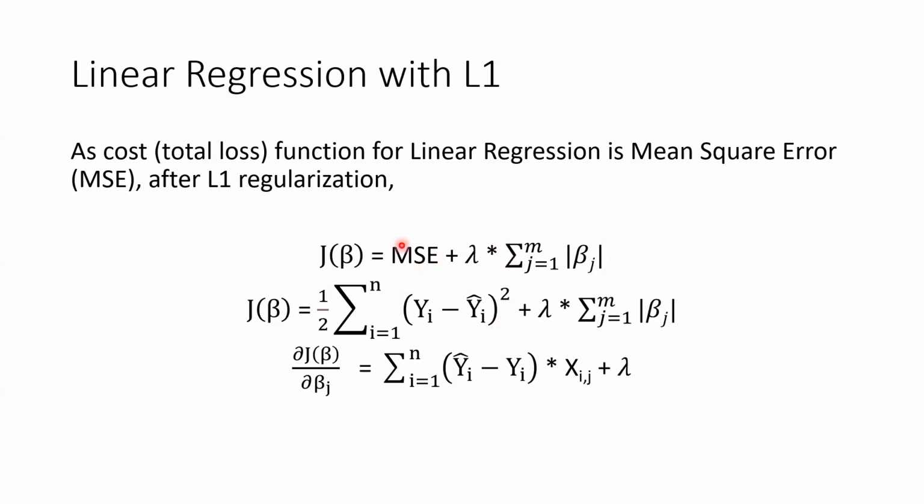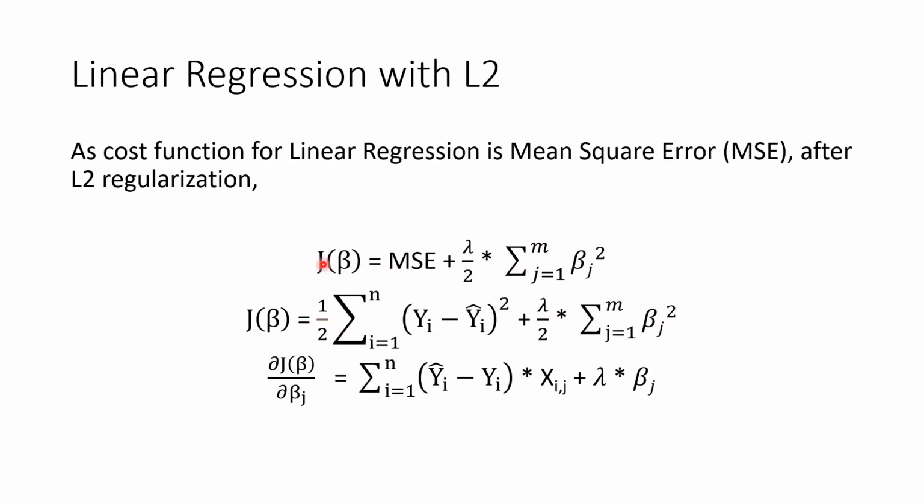When we replace the MSE with the value that we generally define, this is the representation of mean square error. Instead of dividing by n, remember, we divide by 2, right? And this is the value for L1 regularization. When you take the derivative with respect to beta j, this is the value we get.